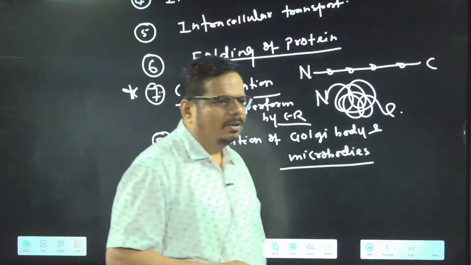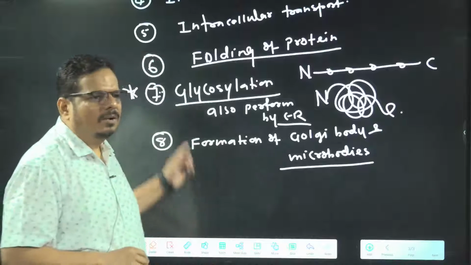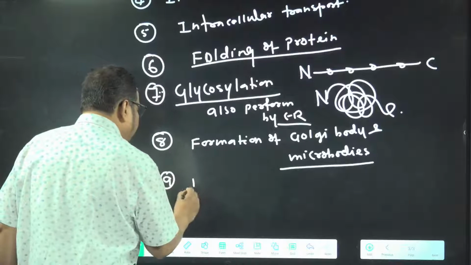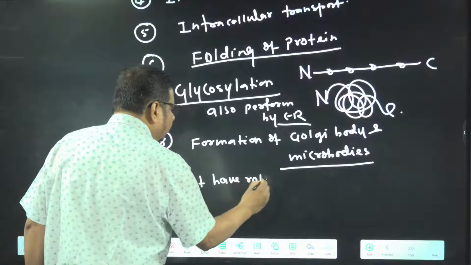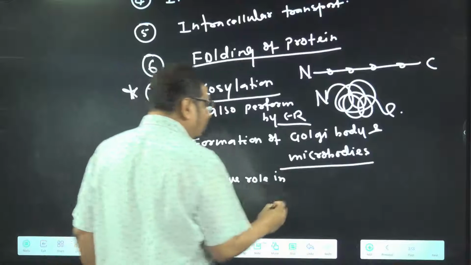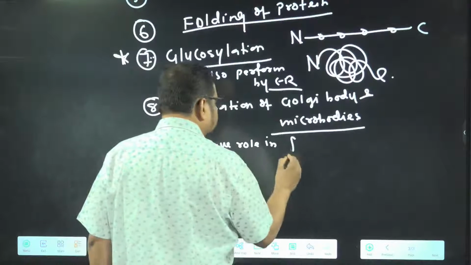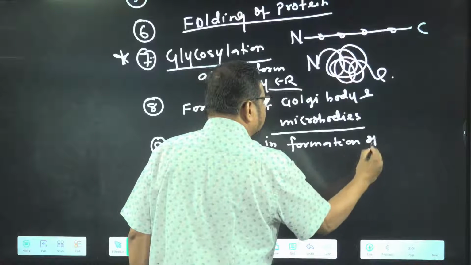ER. Like peroxisome, glyoxysome, spherosome. These all are formed by which one? ER. Ninth function, it has a role in formation of lysosome.